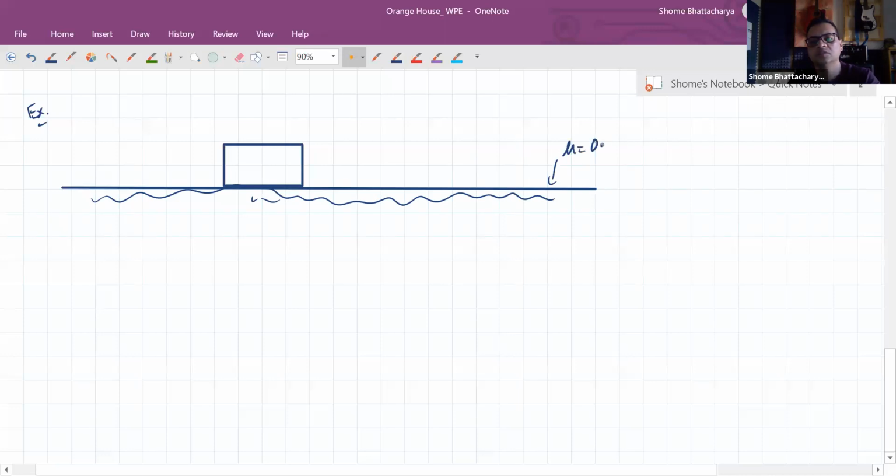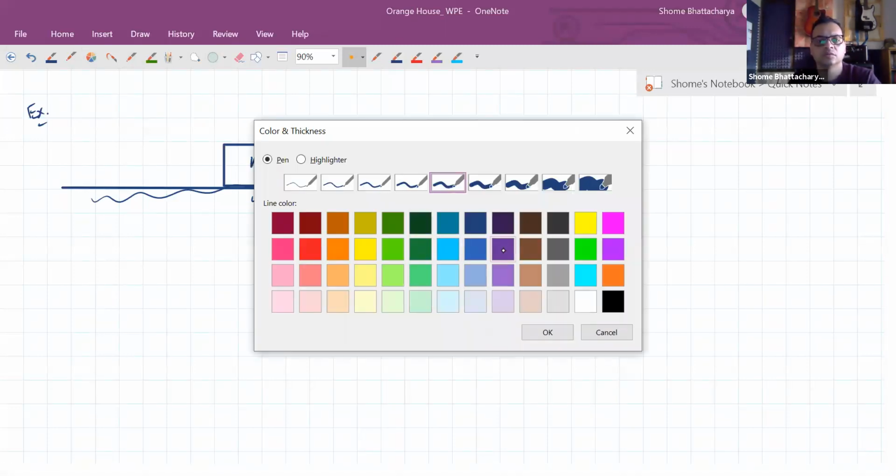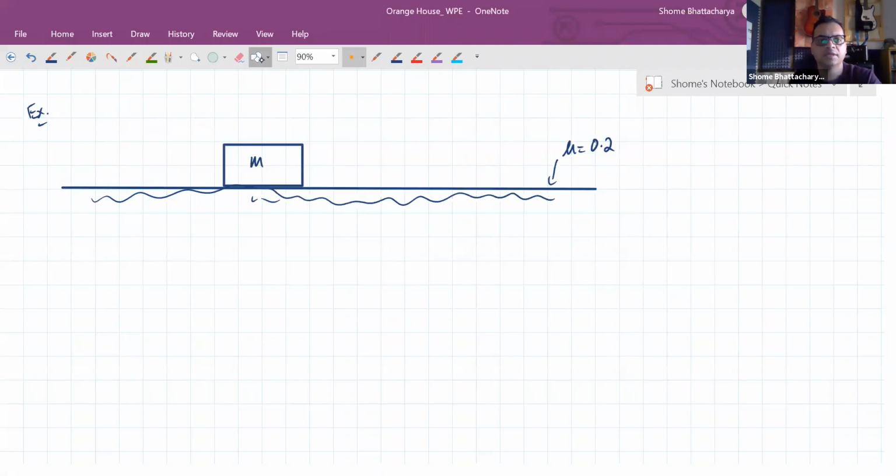Coefficient of friction is 0.2, and on this block we are now applying a combination of two forces.